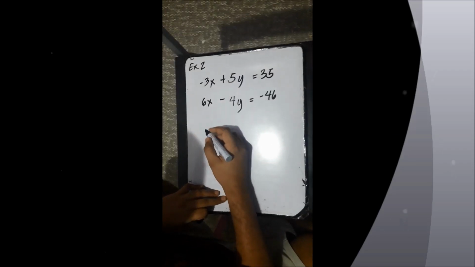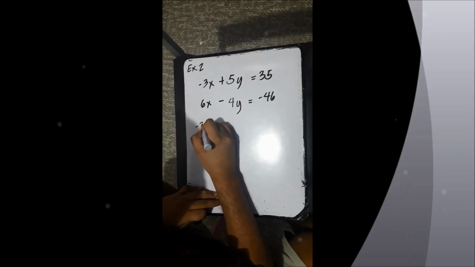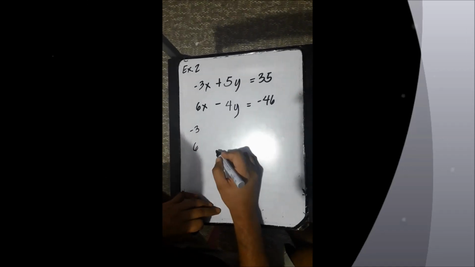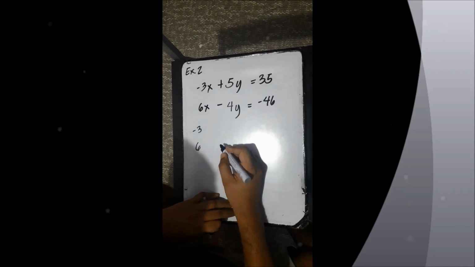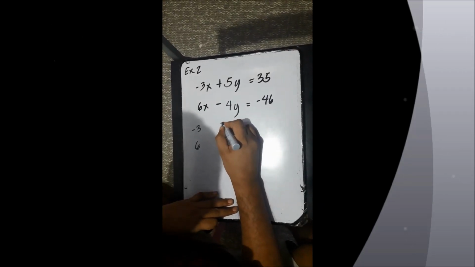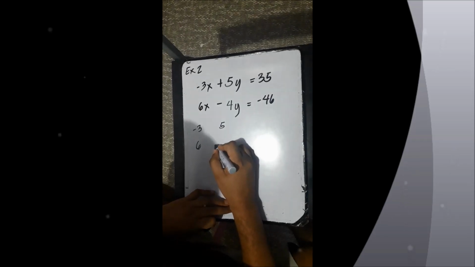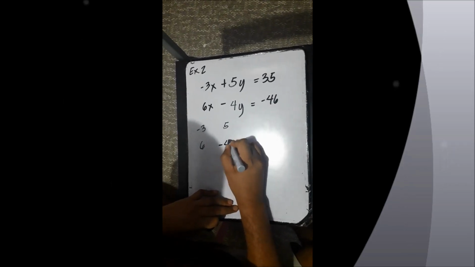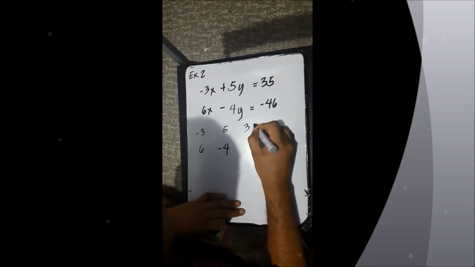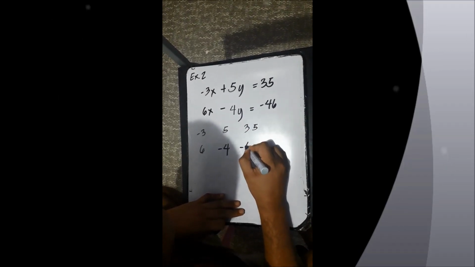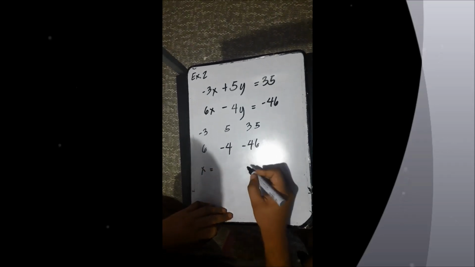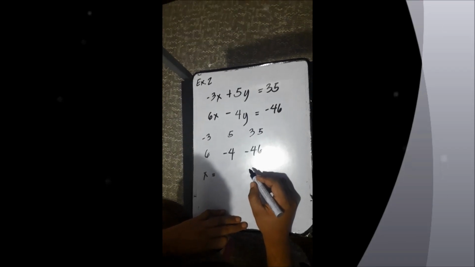For x, I have here negative 3 for equation 1, and for equation 2 I have 6, and for the coefficients of y I have 5 and negative 4, and the constants are 35 and negative 46. Solving for x, I'll be doing cross multiplication.